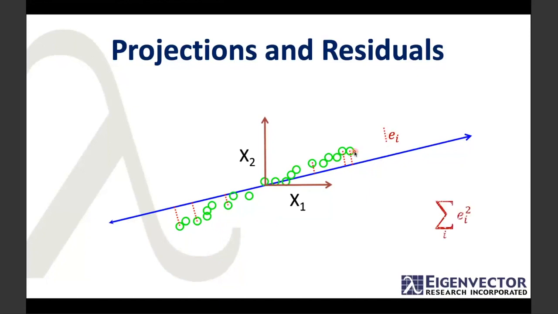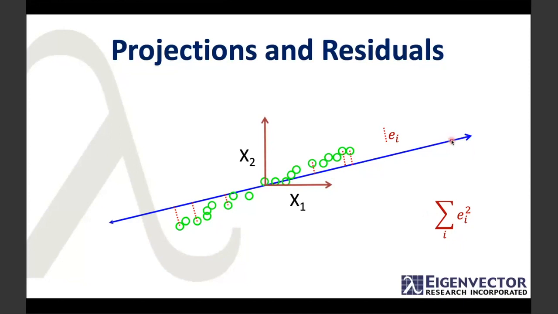In fact, I'm going to come up with a metric where for each of my data points, I determine the length of each of these projection lines, the red dashed lines, square them, and sum them up over all the data points. So with this blue line, I'll have a certain value for this metric.